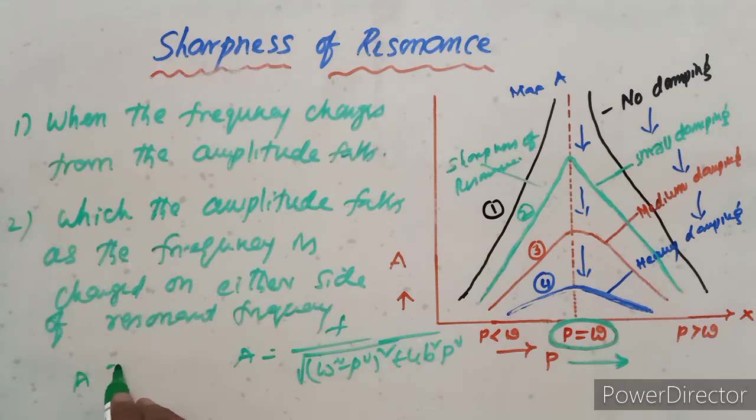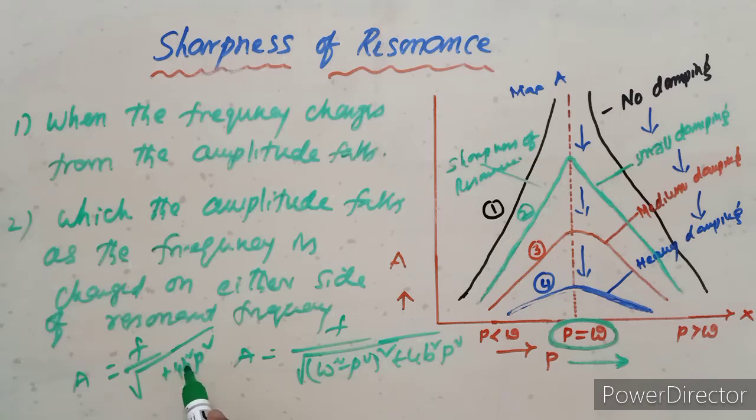A equals F upon under root plus 4b square p square. This term is constant for a given damping, small, medium or large, and this value is positive.